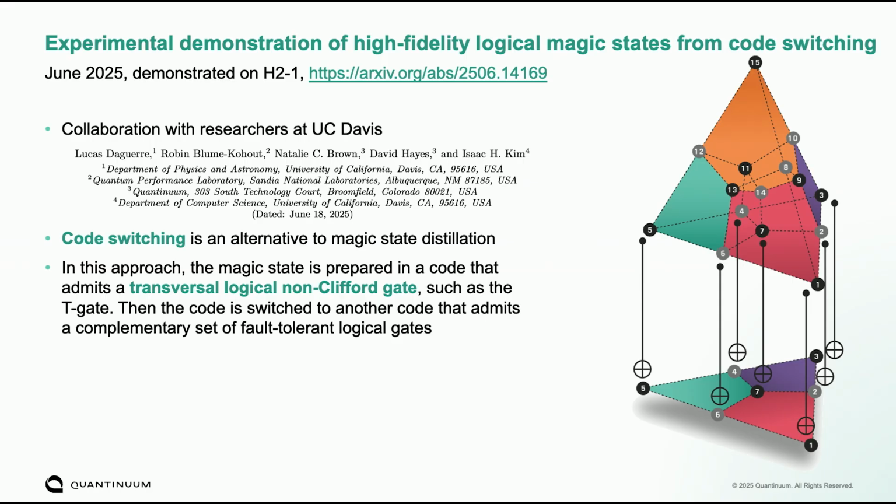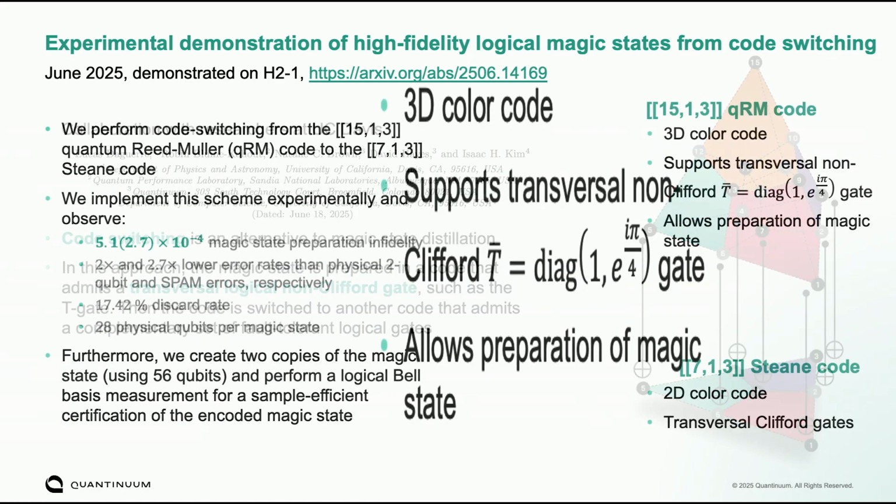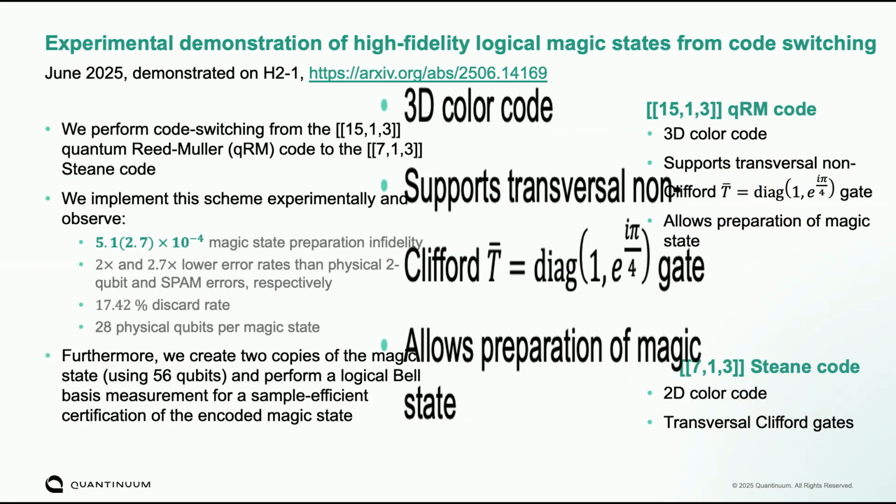this top 3D code is the 15-1-3 quantum Reed-Muller code, which is a 3D color code, and the bottom one is the 7-1-3 Steane code. And so imagine we're looking at that rather than bigger text. But we were able to actually perform this experiment, switching between these codes, and we were able to create a magic state with a preparation error of 5.1 × 10⁻⁴, which is better than our physical 2-qubit and SPAM errors.